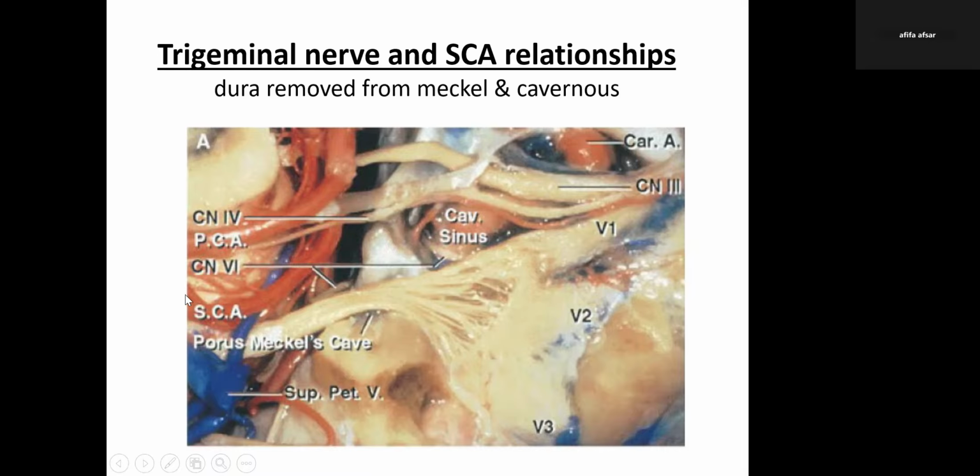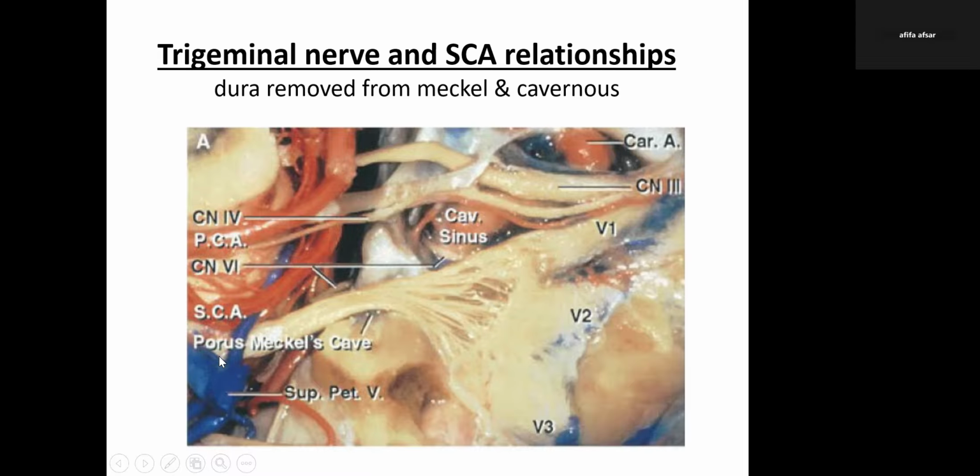Usually the loop of the SCA tends to lie in the superior aspect, and sometimes in the superior lateral aspect or superior medial aspect of the nerve. The venous anatomy is also important, and can be a causative agent in cases of trigeminal neuralgia.